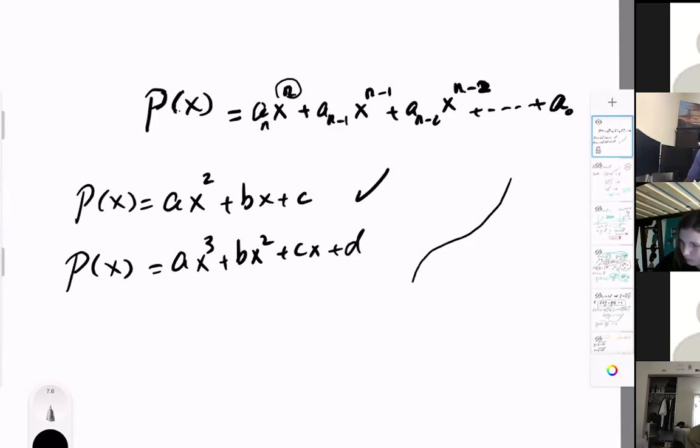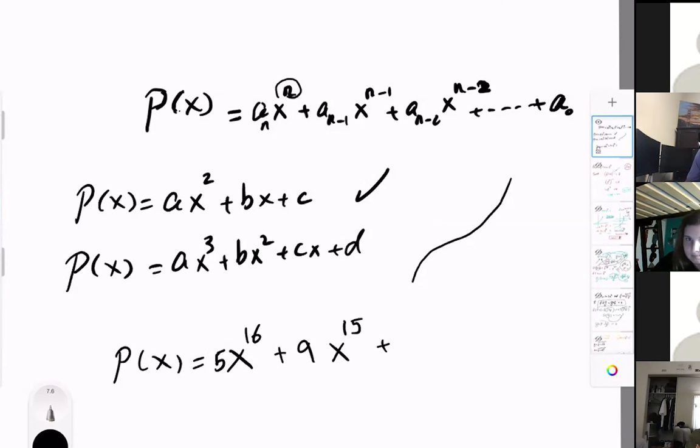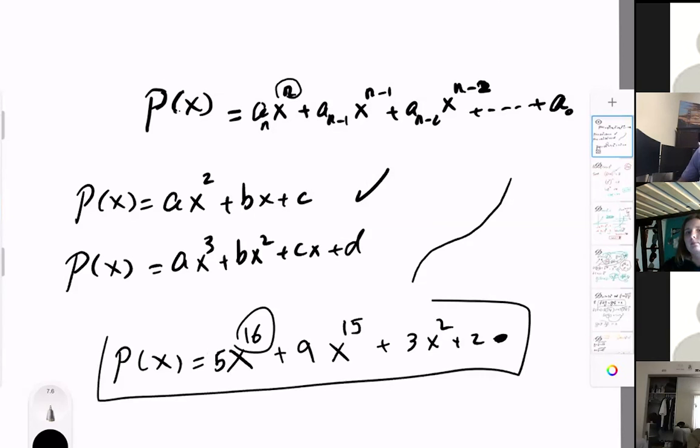But we have no idea if I ask you about p of x equals something like 5x to the power 16 plus 9x to the power 15 plus 3x squared plus 2, degree 16, correct? Your job is to differentiate, to say yes, this is a polynomial.